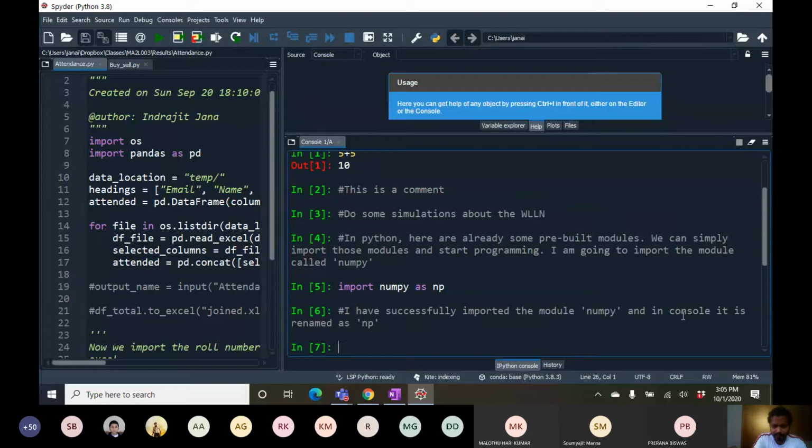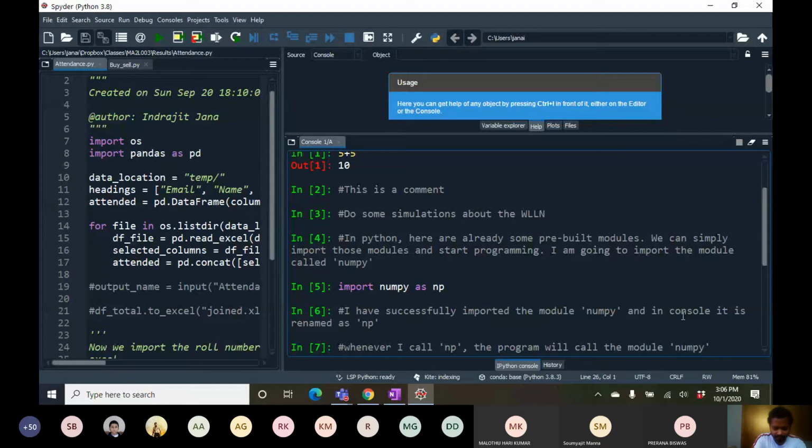Whenever I call np, the program will call the module numpy. I can always type numpy, but I just abbreviated it.